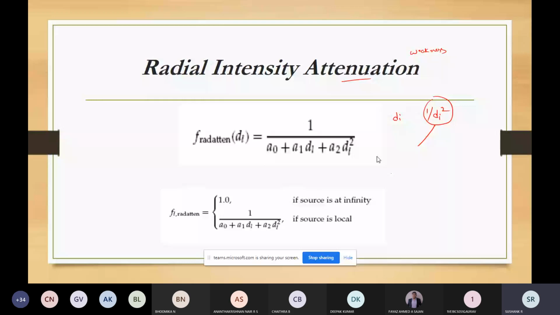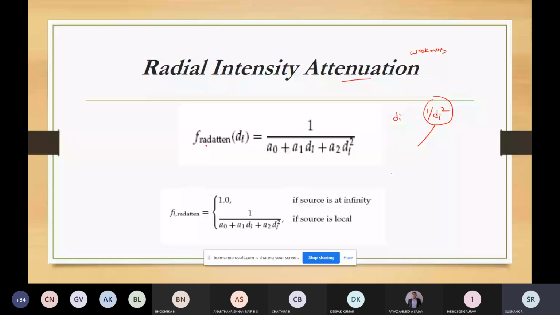So in order to get a very realistic value using point sources, we can use this function, f radial attenuation.